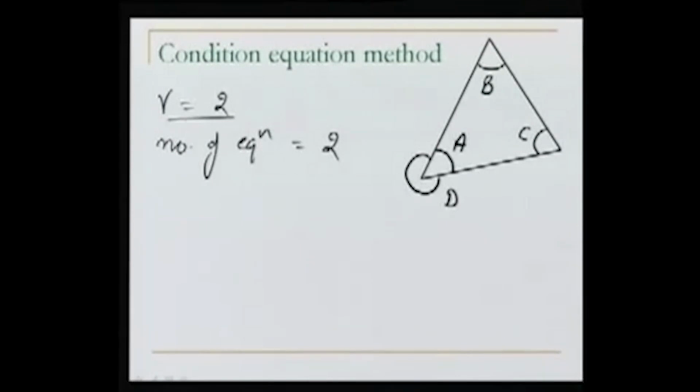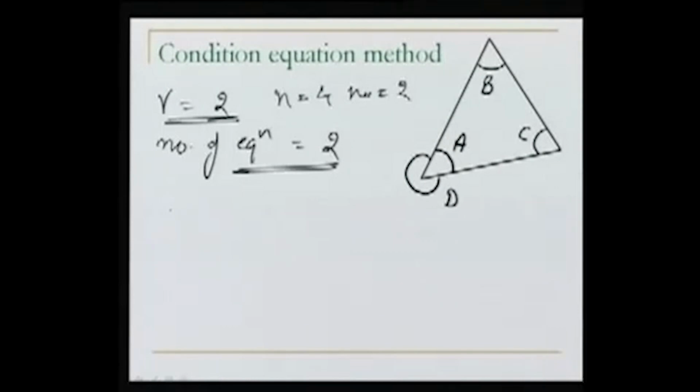Now we will solve the same problem by the condition equation method. For the condition equation method, we know there is a redundancy equal to 2 here, because the number of observations was 4 and the number of parameters was 2, so the redundancy is 2. So we will need to form 2 conditions here. Now what are these conditions?